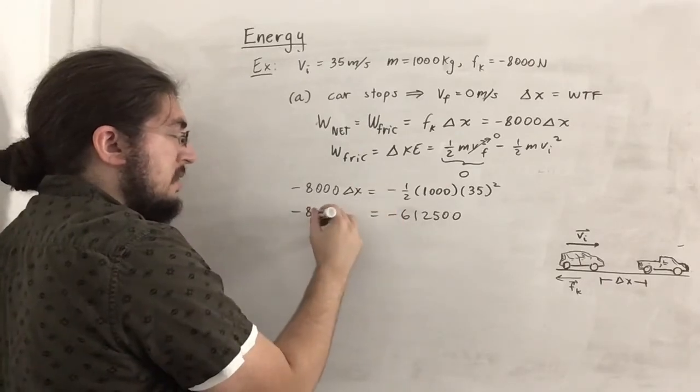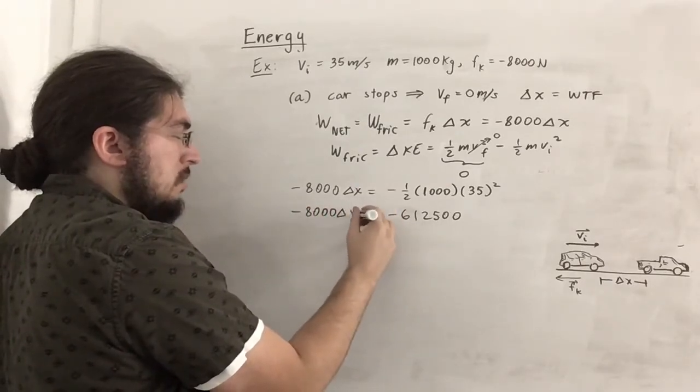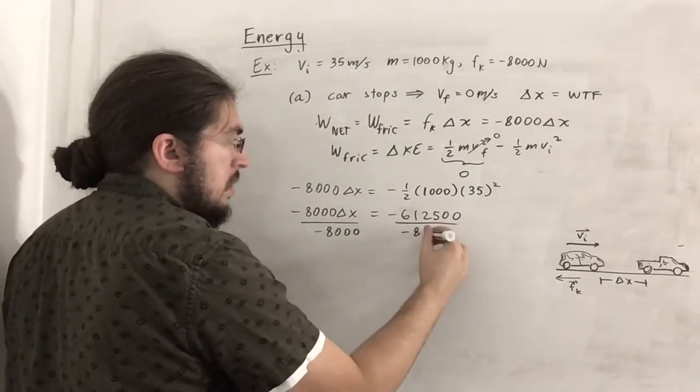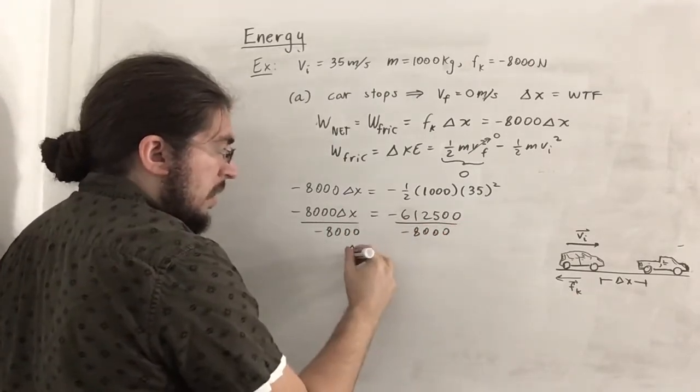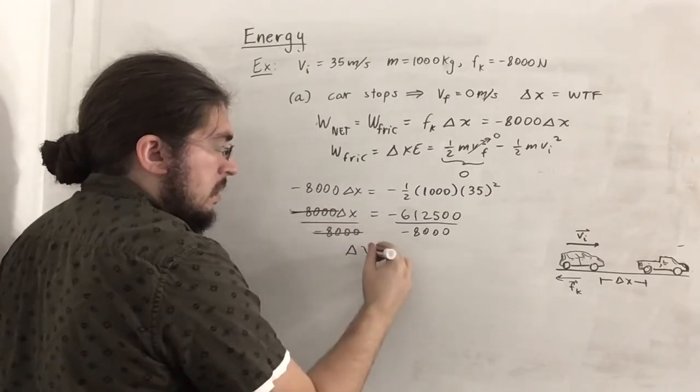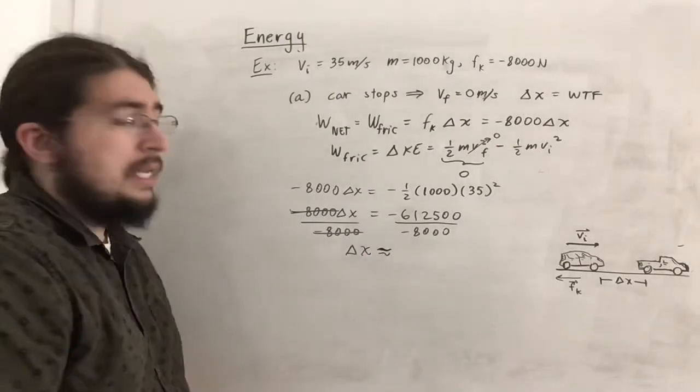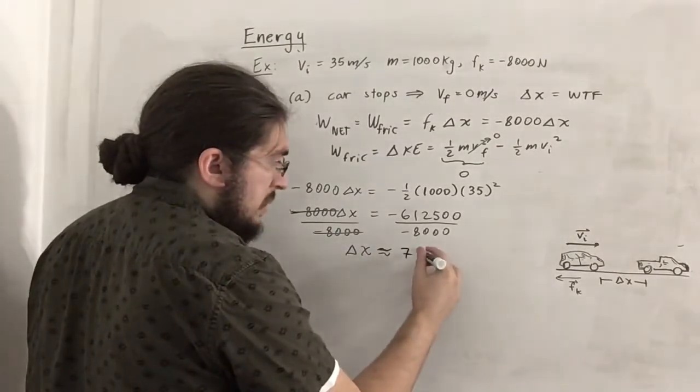So negative 8,000 delta x is equal to this, so now all we need to do is divide by negative 8,000. And now we finally get that our delta x value is just this divided by this, and I got about 76.6 meters.